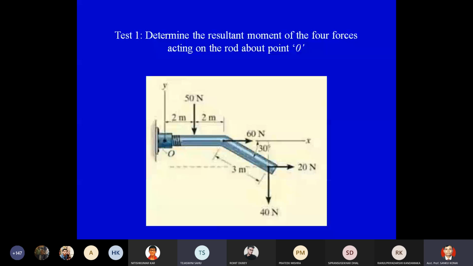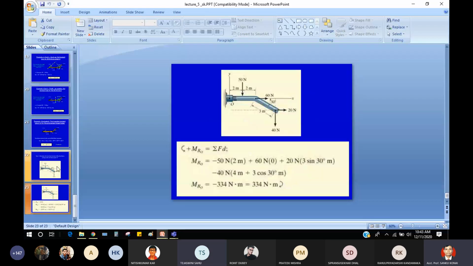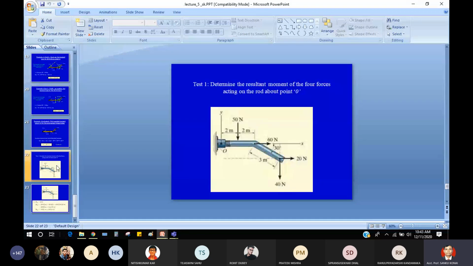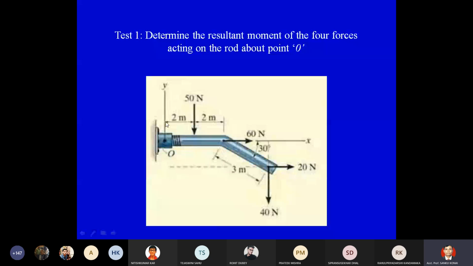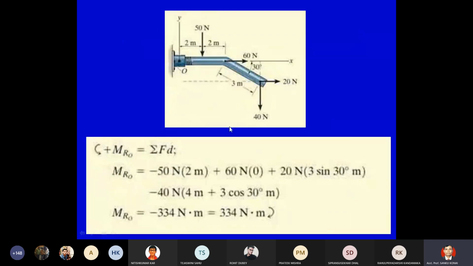So that's how you have to calculate it. As some of you are asking, this is the 50 Newton force and it is applied 2 meter away from this moment center, and this is the perpendicular distance, so the moment will be 50 into 2. The rotation is clockwise, so that will be the negative moment, clockwise moment.